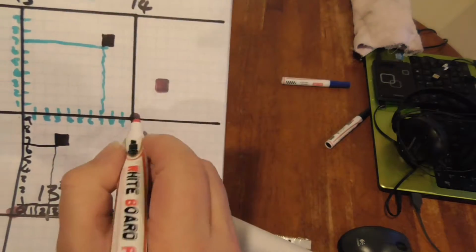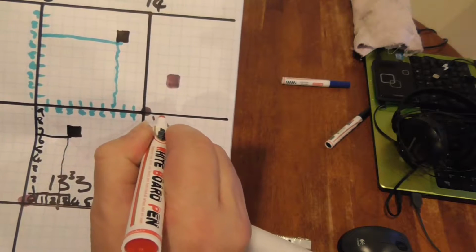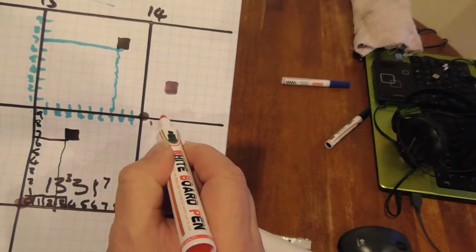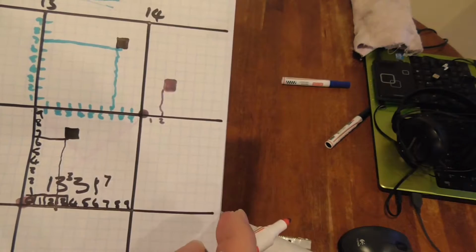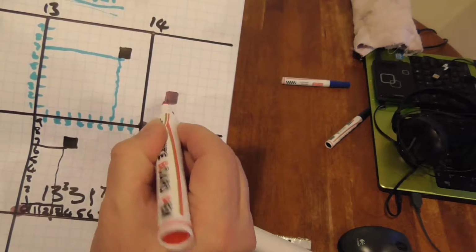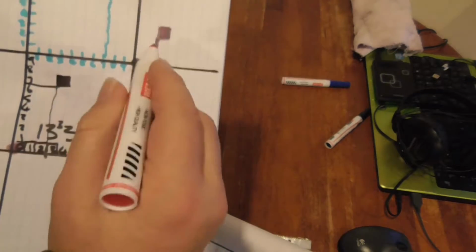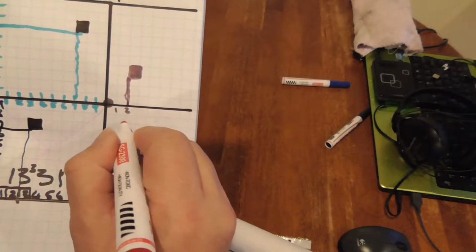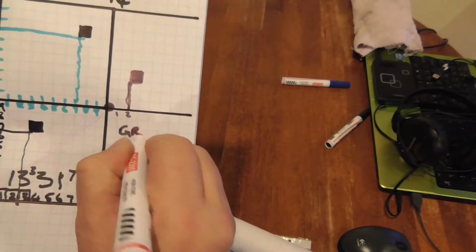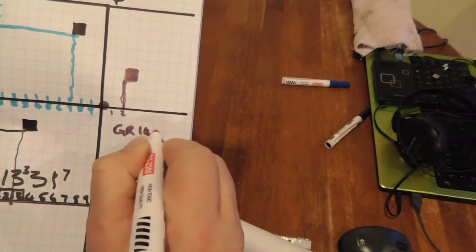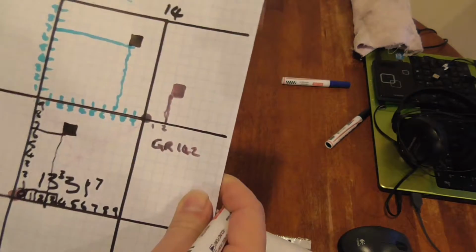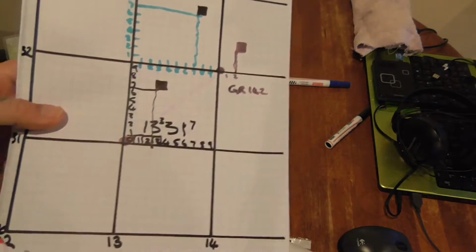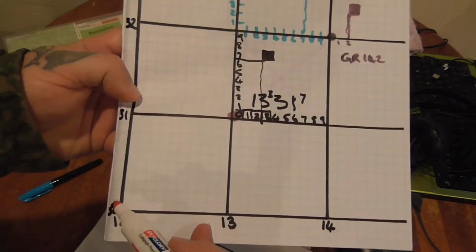How do we get the 2? 1, 2. Alright, and it goes up to that box. Okay, grid square 142. So let's write that over here. Sorry, grid reference 142. Then we find the next 3 numbers. We go up.